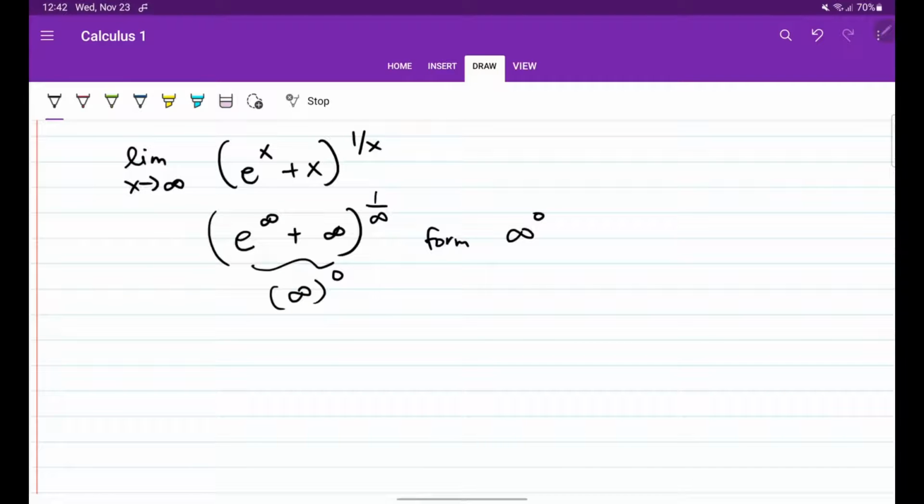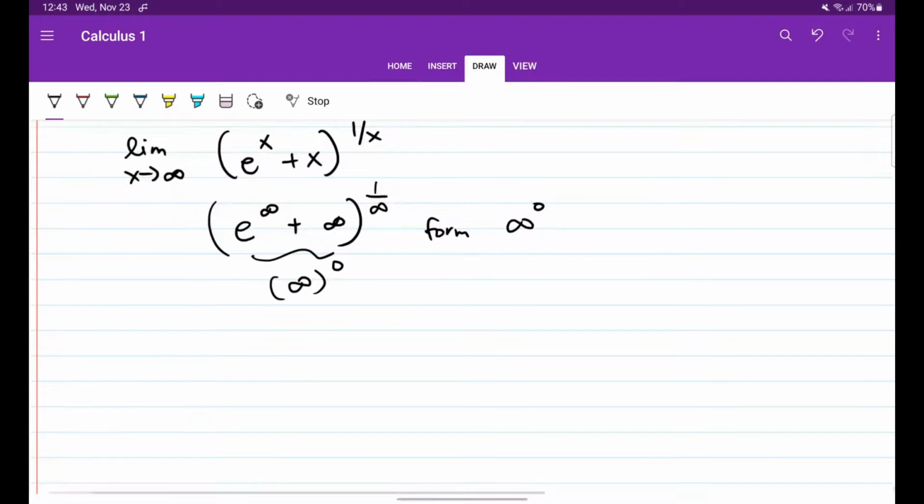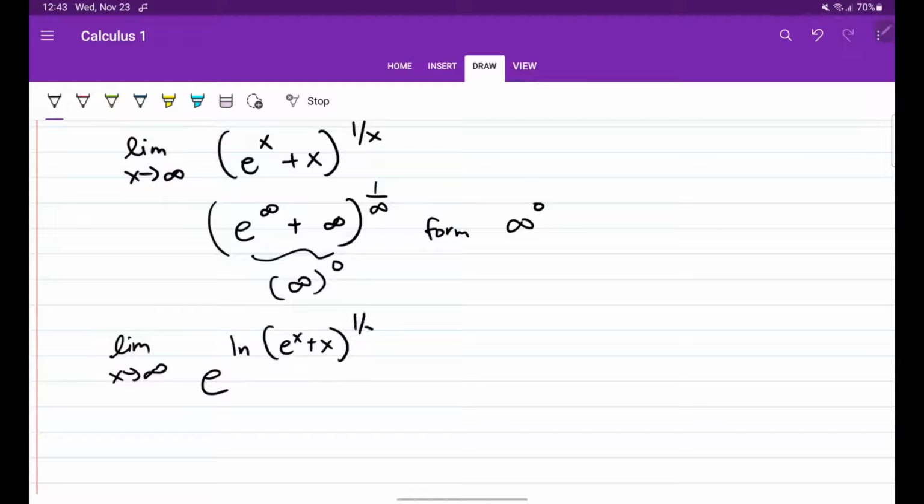And we can apply L'Hopital's rule here. When we have infinity raised to 0, our technique again is to write e to the ln of f(x) raised to g(x). So, the limit as x approaches infinity of e to the ln of (e^x + x)^(1/x).